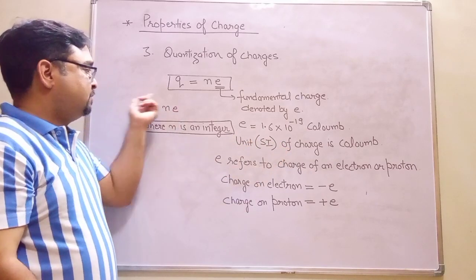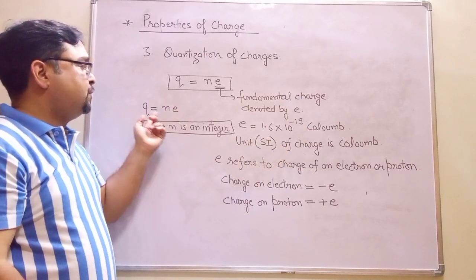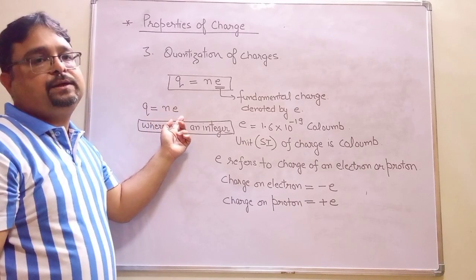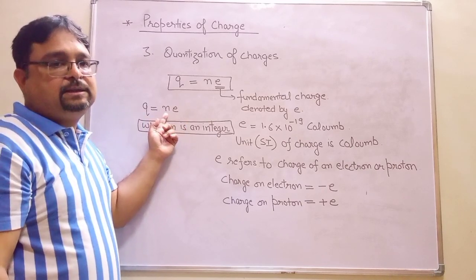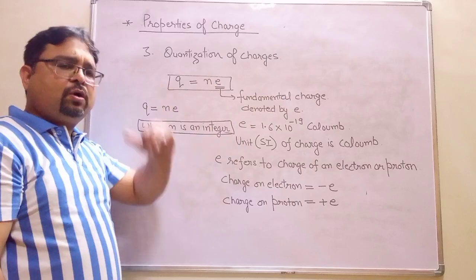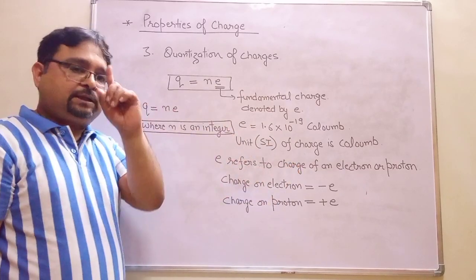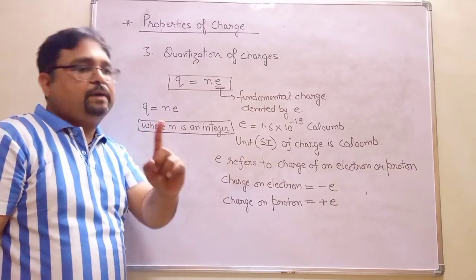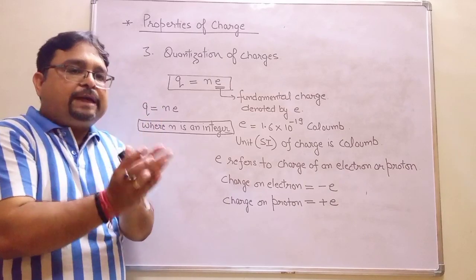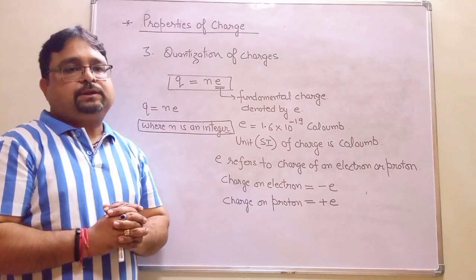So total charge is given by the formula Q is equal to n multiplied by e, where n is the integer, or the number of electrons or protons transferred to the body, and e is the charge of one electron or one proton, which is the smallest possible value of charge.